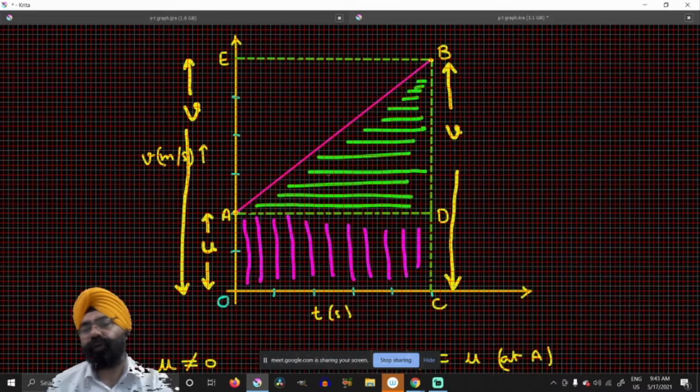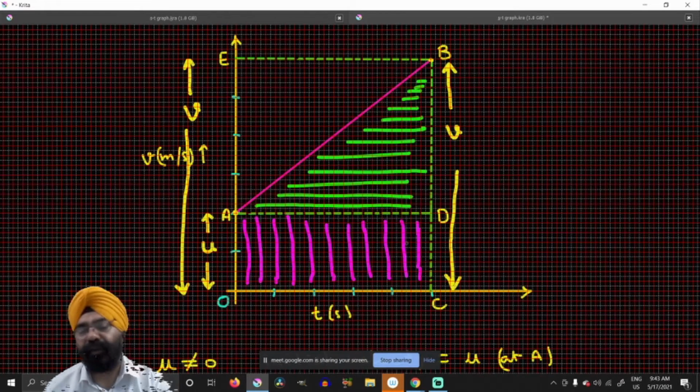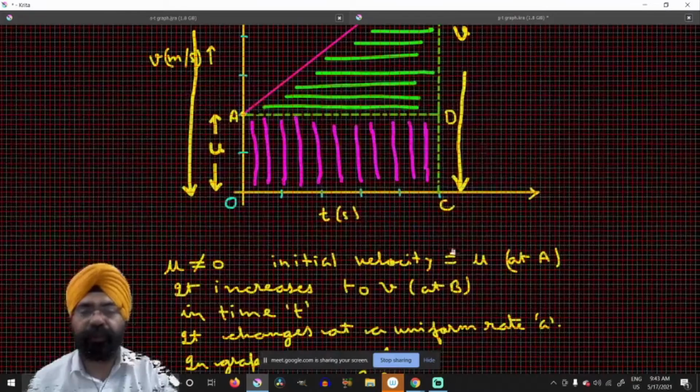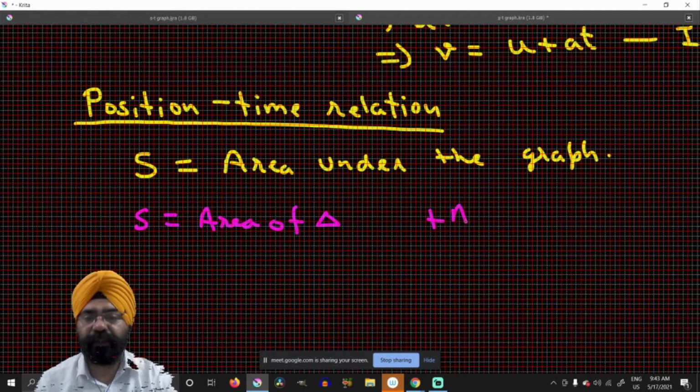The pink area and the green area together will give us the area under the graph. To derive this, we will use this only. So this is equal to area of triangle plus area of rectangle.